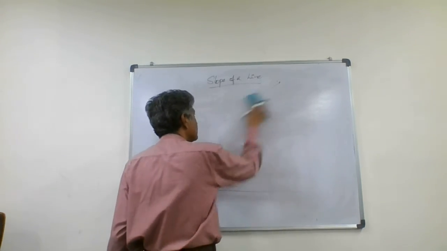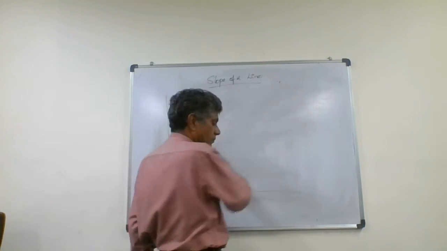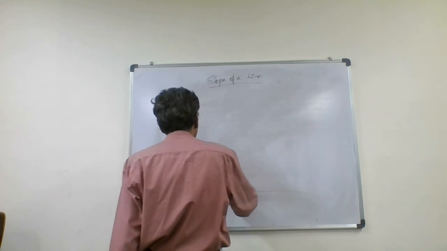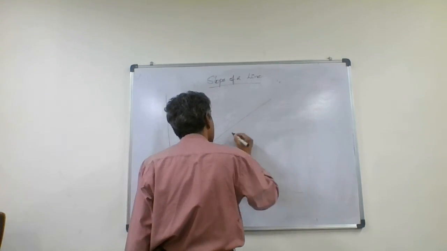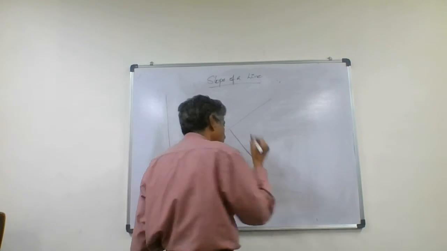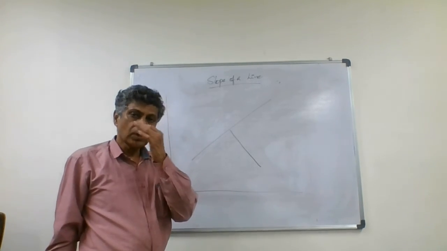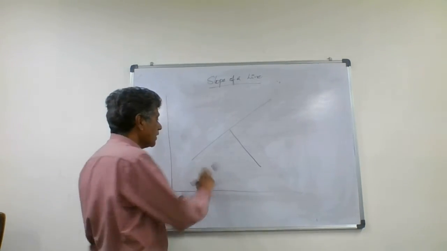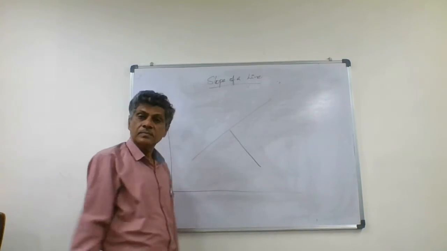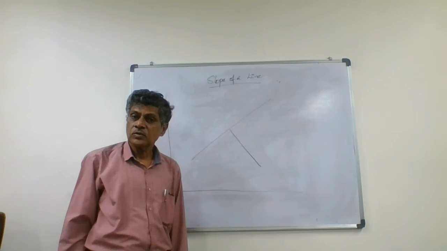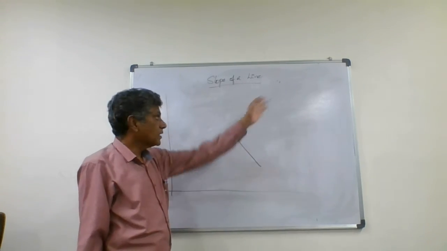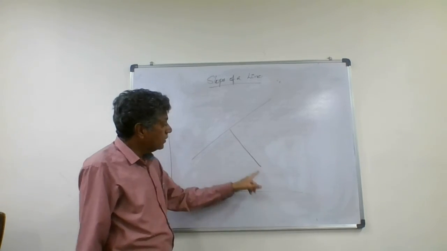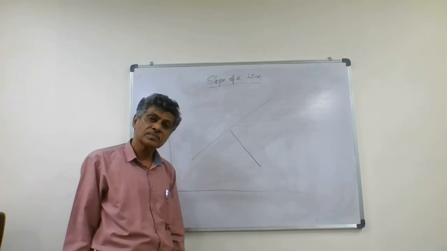Then, to do another example, suppose we are given two lines and we want to find out whether these two lines are perpendicular or not. In that case, what happens? Find out the slope of the first line by the method we have just discussed. It is nothing but the tangent. And then find out the slope of this line also.